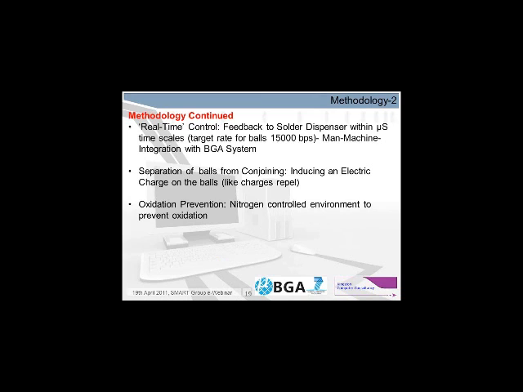The images analysed from the falling balls will be compared against the tolerance, and a real-time control will feed back instructions on various parameters to the solder dispenser within microsecond timescales.